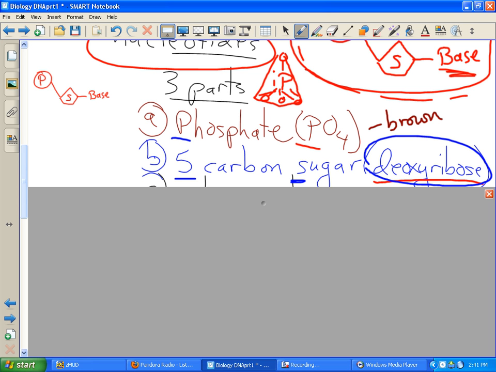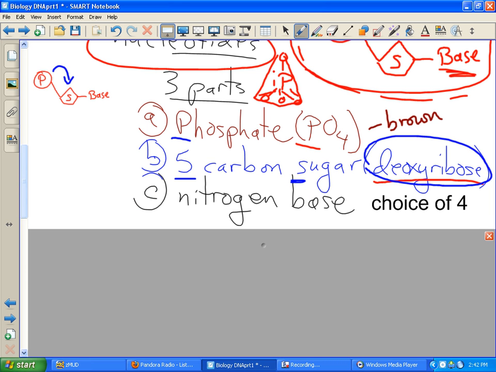And if you notice, the phosphate is on top of the sugar. That was the brown part. The sugar is the blue part. And then the third component, which sticks off into the middle, is called the base. And this has the element nitrogen in it. And this is where DNA gets its complexity.